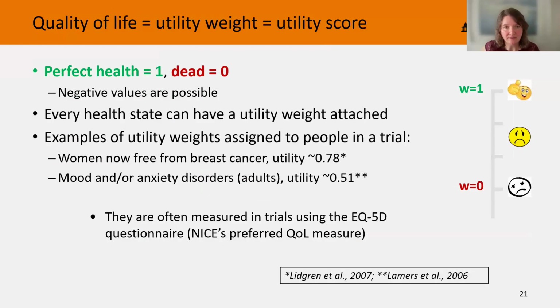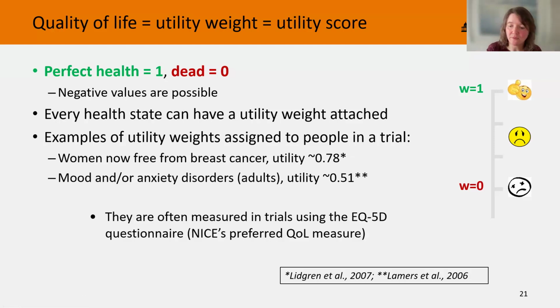So the y-axis on the previous slide, I called it the quality of life score. It can be called quality of life score, utility score, utility weight. So there's different names and they all ultimately mean the same thing. So the people's quality of life measured on the scale of 1 being perfect health and 0 being equivalent to dead.